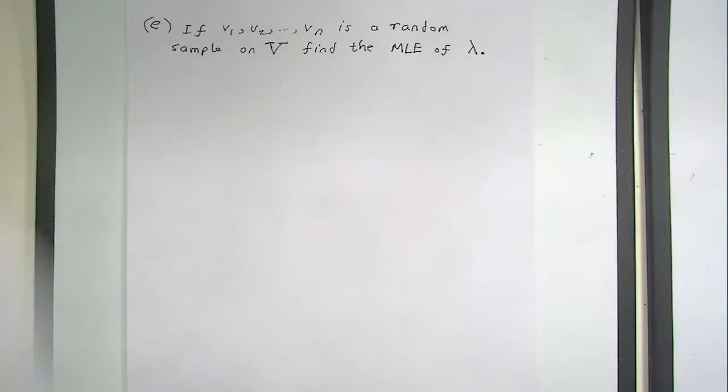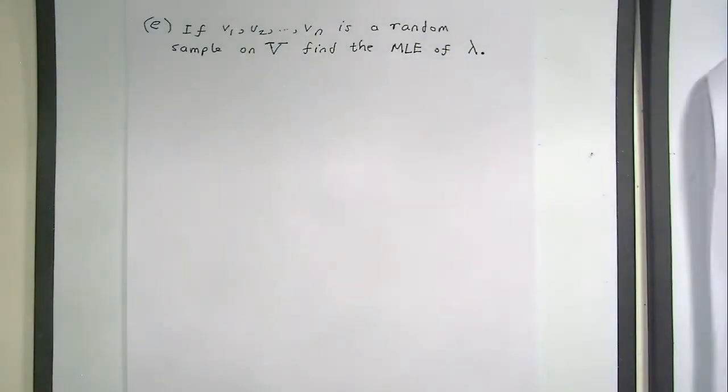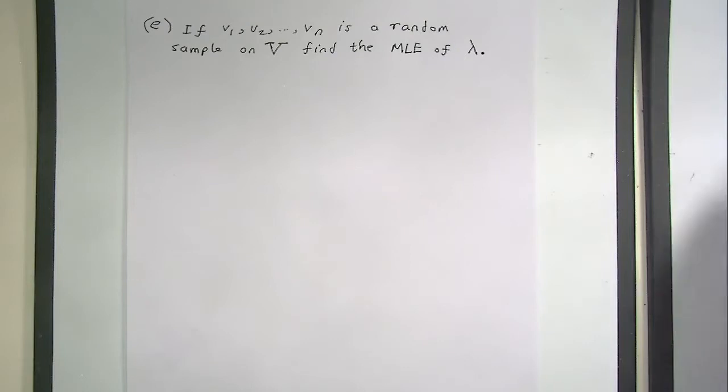Can you guys do this, please? I'll give you a few minutes and see if you can do it. I don't want to do all the questions. So try. Part E, which I have written down here: if V1 to Vn is a random sample on V, find the maximum likelihood estimator of lambda.